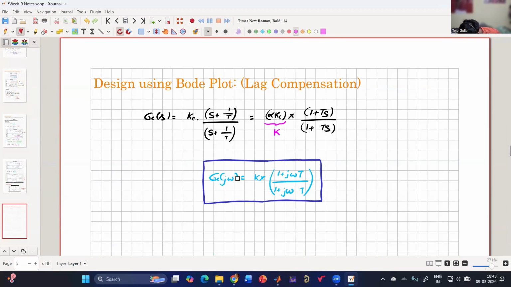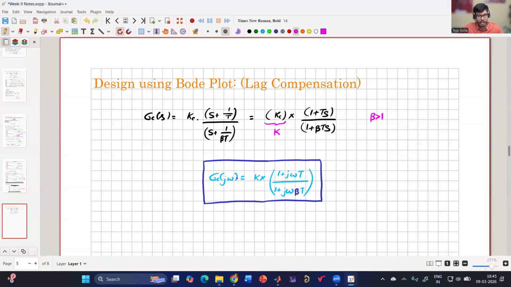This will be beta, this will be beta, and this also will be beta. So this will be my beta into T, this will be beta T s, and then this will be beta T, and we know that beta is greater than 1.